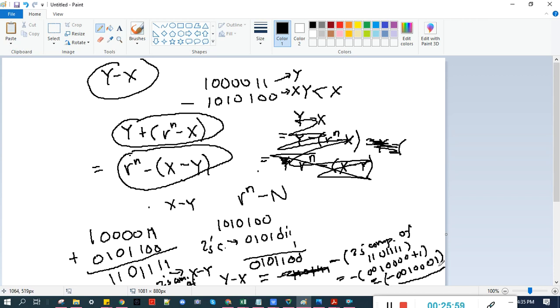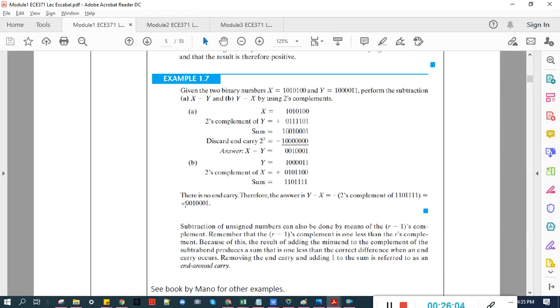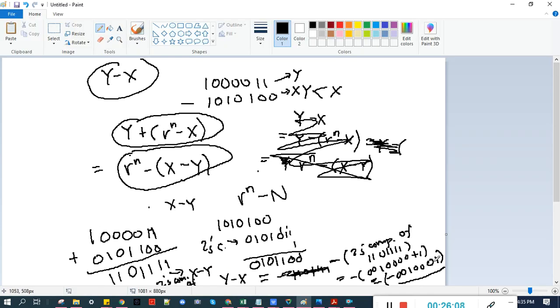This is the final answer: negative 0010, 001. It's kind of confusing at first, but you only need to practice solving, and then sometimes check it with a calculator if you have one.